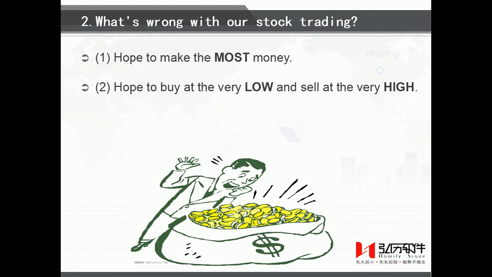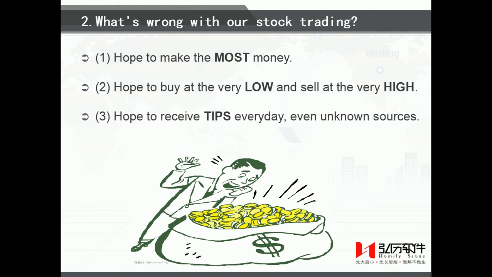And the third, hoping to receive tips every day, even from unknown sources. Some friends always hear some tips and they buy a stock. Sometimes they make money, sometimes they lose money, just like gambling, right? This is the third part.